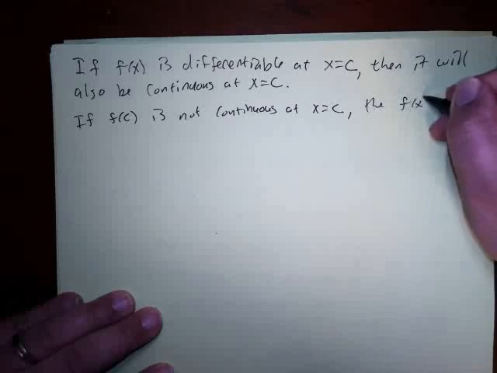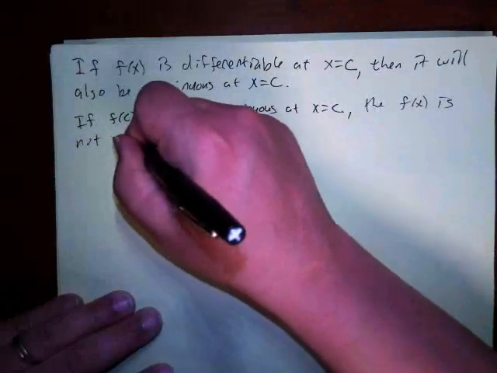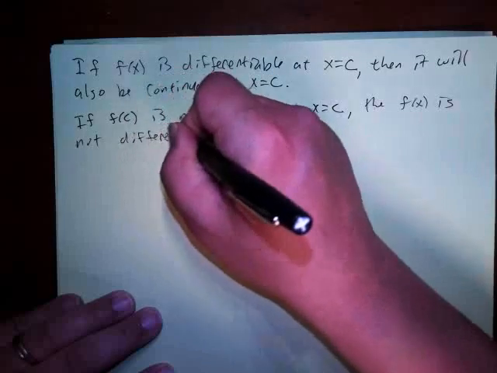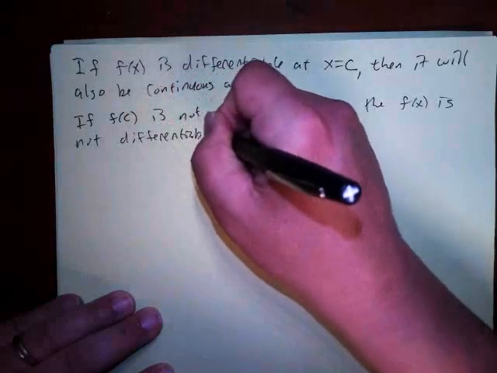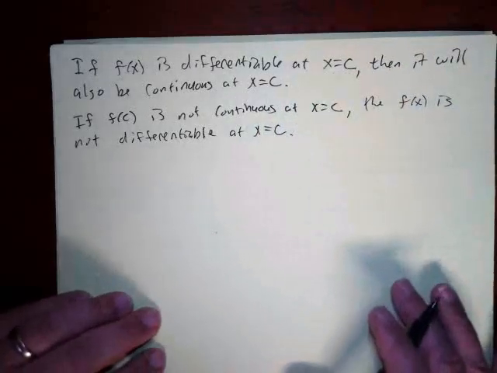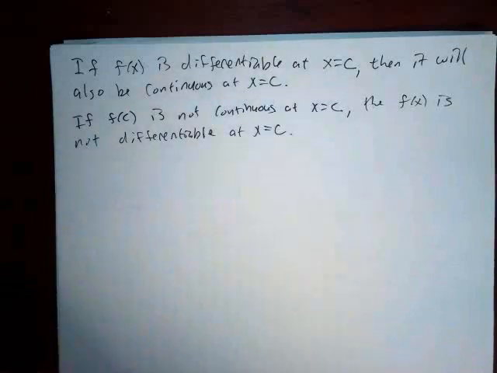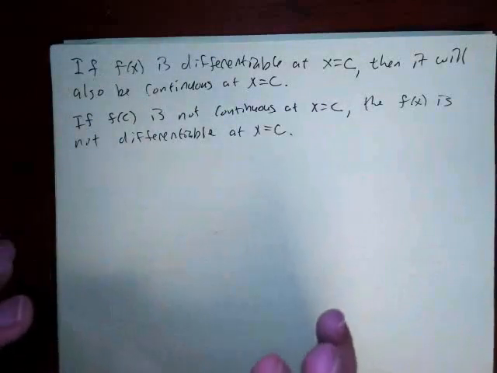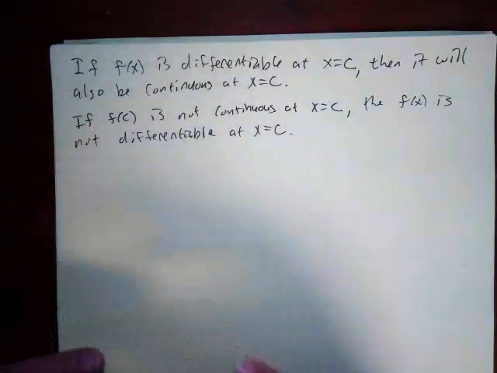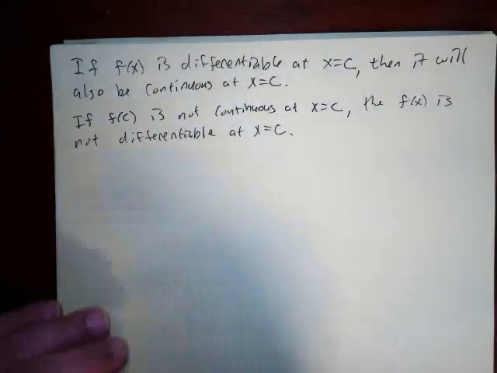Then f of x is not differentiable at x equals c. So in other words, if a function's not continuous at a point, then it's not differentiable there. It has to be continuous in order to be differentiable. But being continuous is not enough.